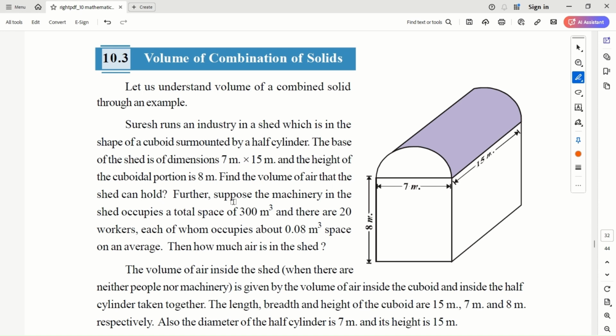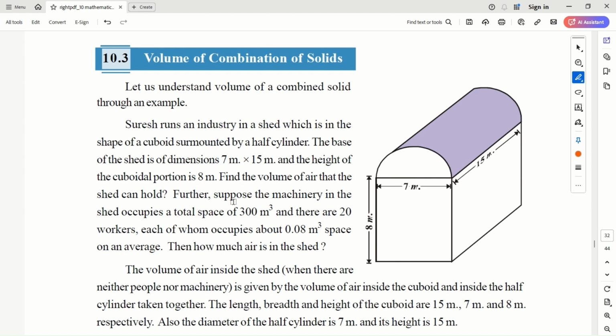When you combine two solids, the surface area is not exactly the sum of both individual solids. Some part of it will be covered, so we should subtract it. But in the case of volumes, it is fairly simple.